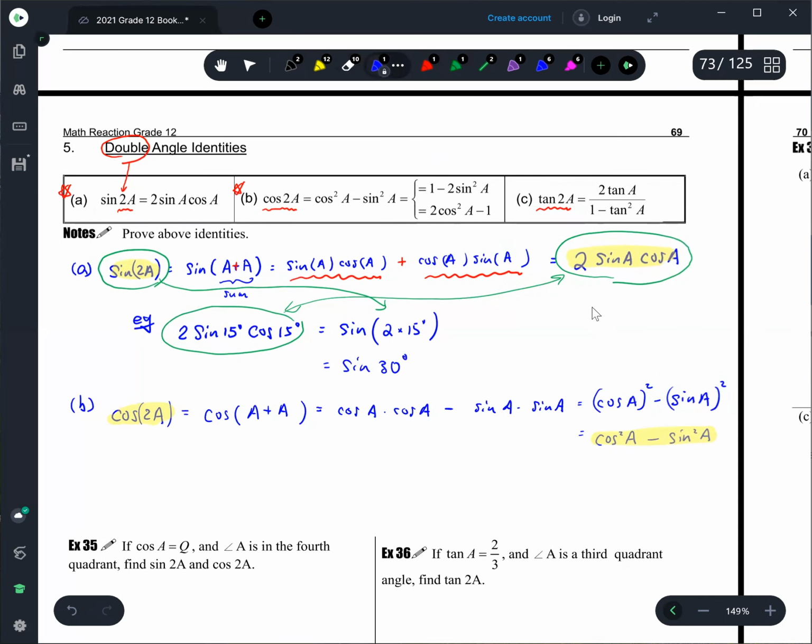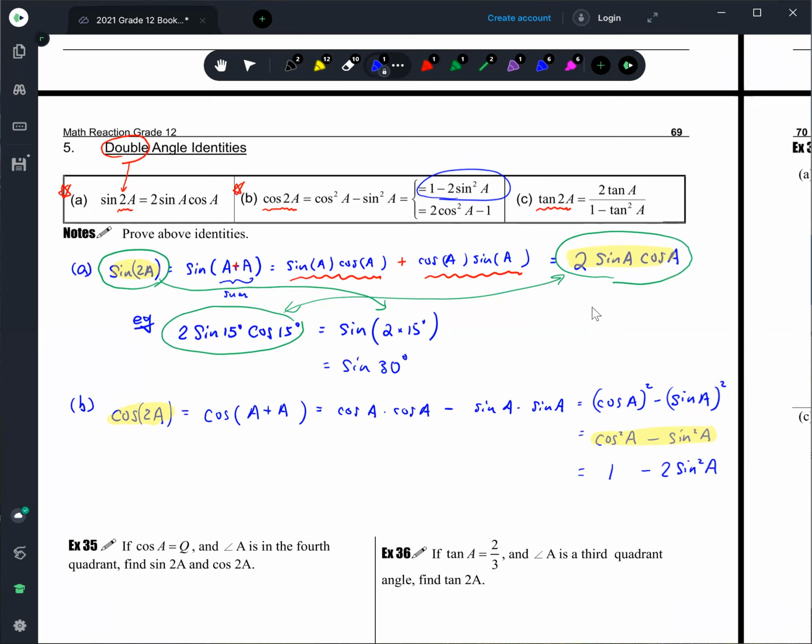So this one I'm going to add to your list of identities. The first one here says 1 minus 2 sine squared, so I'll just put it right underneath: 1 minus 2 sine square A. The other one is kind of flipped around: 2 cosine square A minus 1.